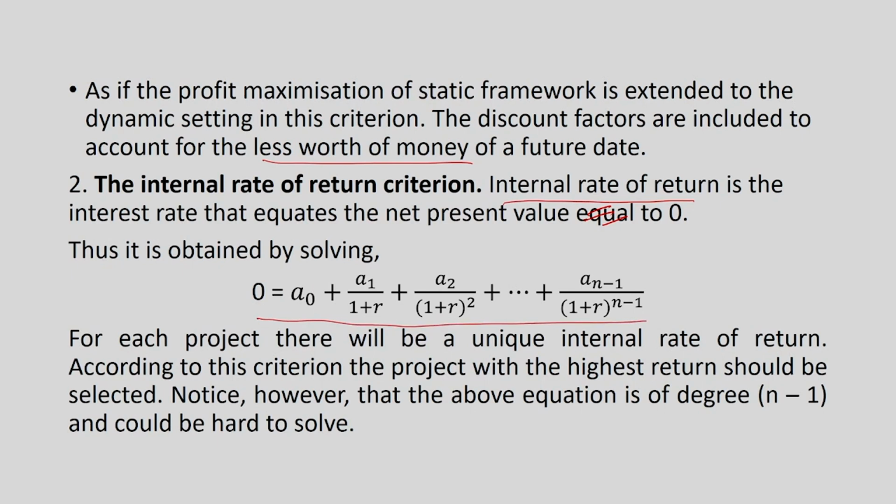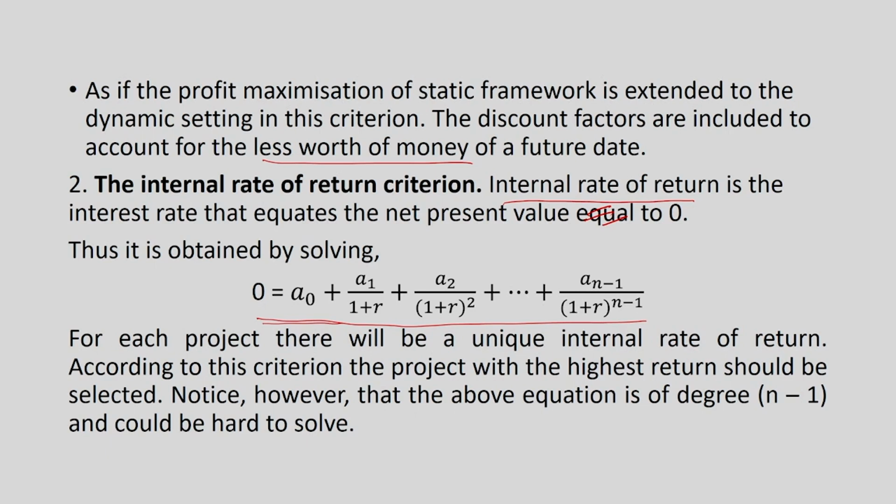So, the NPV has to be equal to 0, and if we have this condition, then there will be one rate of interest, that is R, which is going to solve this equation. That rate of interest or rate of return is called the internal rate of return. For each project there will be a unique internal rate of return, and according to this criterion, the project with the highest return should be selected.